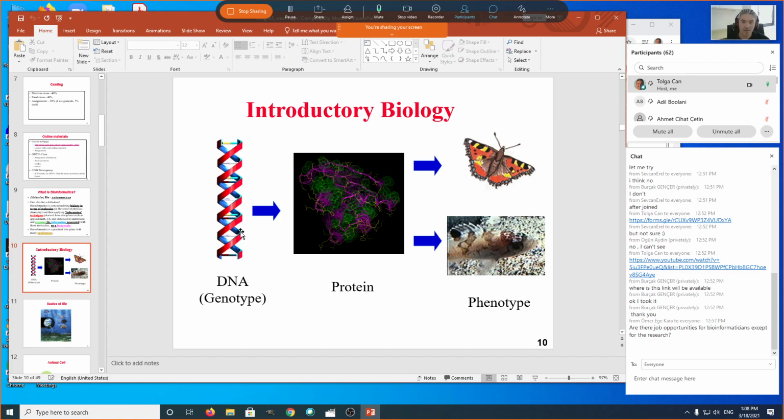So DNA contains instructions to synthesize proteins in the cell. Up to now, you may have just heard the term protein as some nutrition information on what you eat.